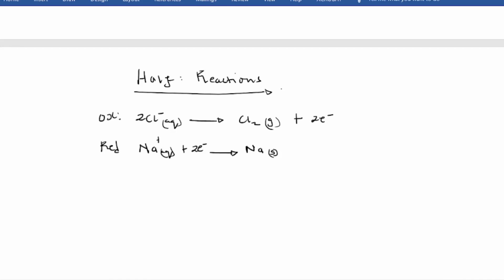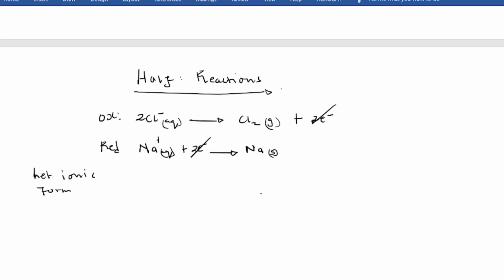Right. So now for us to write the net reaction, how are we going to write the net reaction or the net ionic form? Right. So our net ionic form, we need to make sure that our electrons are equal. If they're not, then we need to balance them.